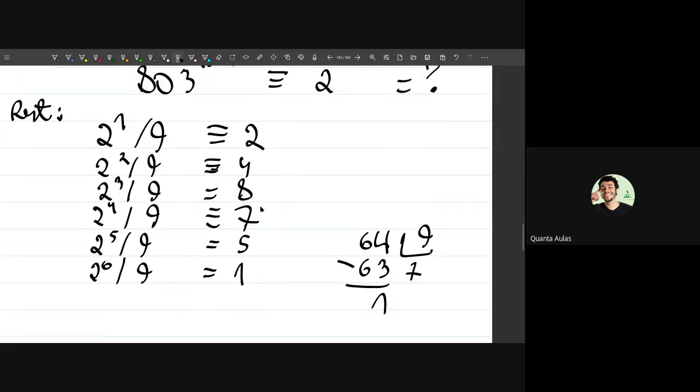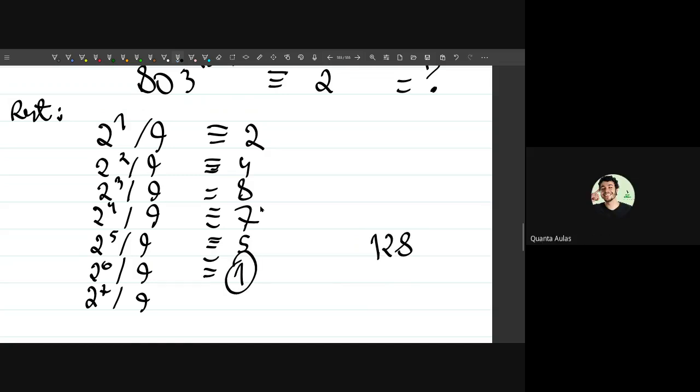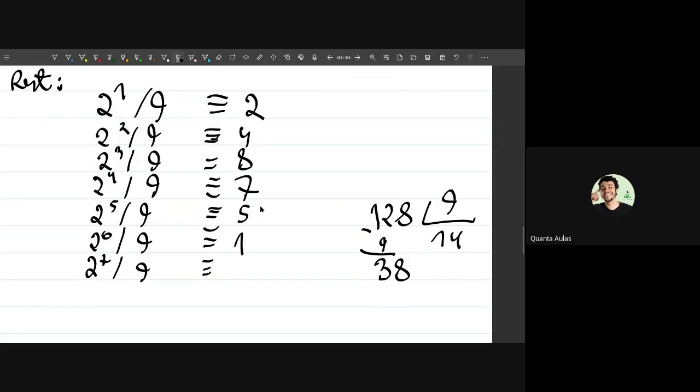We don't have 1 yet, okay, but let's try the next one. 128, we need a pattern here because we are at the limit. 128 divided by 9 gives remainder 2. Then 4, then 8. Okay, we have a repeated pattern.